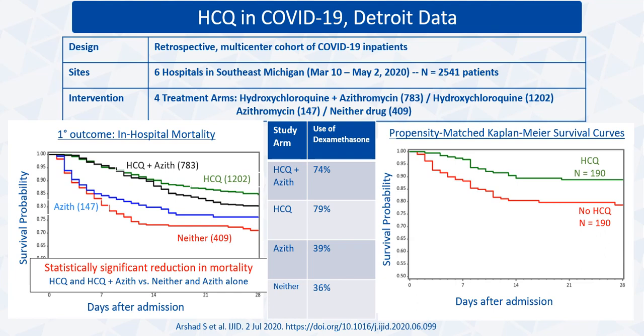Matching them this way, they compared patients who received hydroxychloroquine versus no hydroxychloroquine, 190 of them in each group. Again, we're looking at survival probability on the y-axis and days after admission on the x-axis. The difference in mortality persisted with hydroxychloroquine resulting in less mortality versus patients who did not receive hydroxychloroquine.